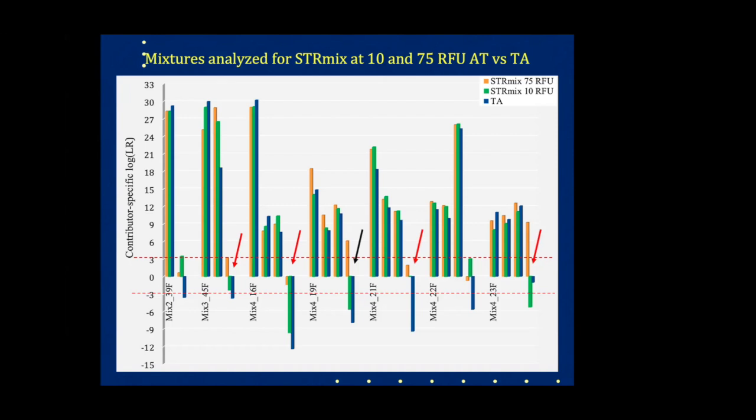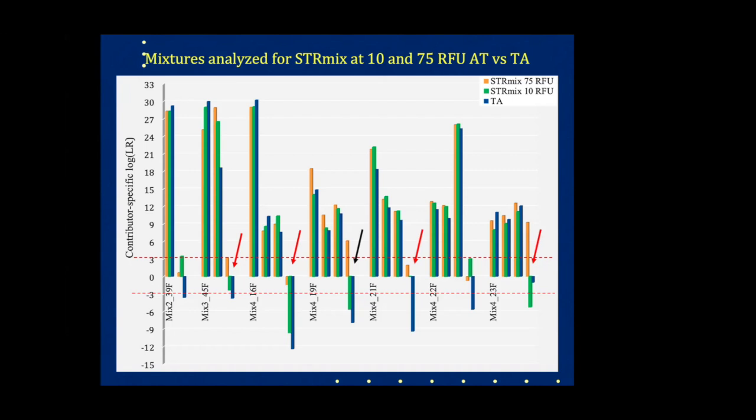All those log LRs shifted from being, most of them, positive, a couple inconclusive, to being much more similar to the TrueAllele values. If you look at mix 419F, shown with the black arrow in the center, that log LR switched from being 1,000,000 times more likely to being about 1,000,000 times less likely, very similar to the TrueAllele value for that contributor.